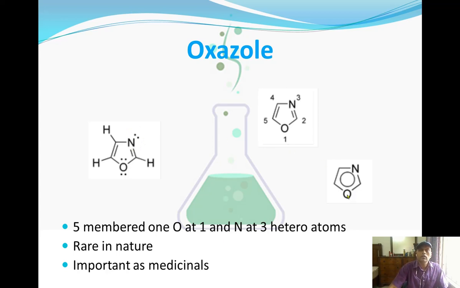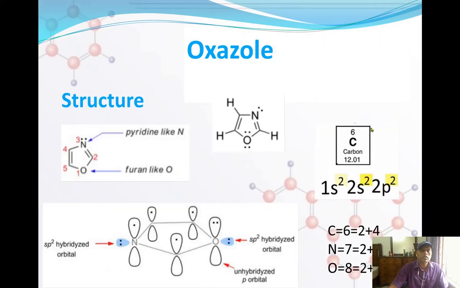And in the other structure here, the circle at the center indicates it is an aromatic compound. Let's study deeper about the structure. It has got 5 atoms, right?